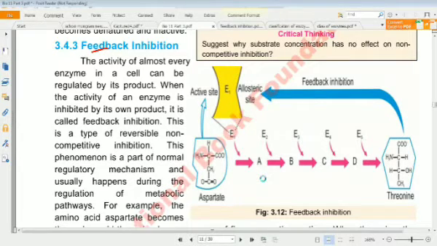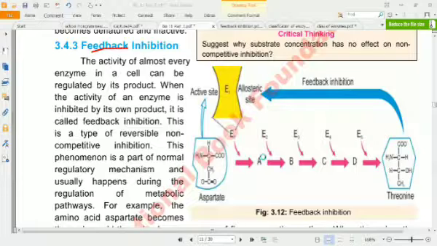It goes from aspartate to another product called intermediate product A. Then this intermediate product A is converted into B, but it is going through the hands of several other enzymes.